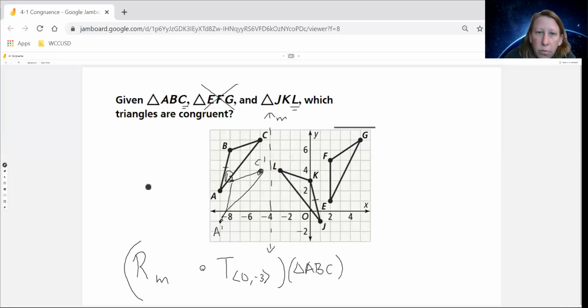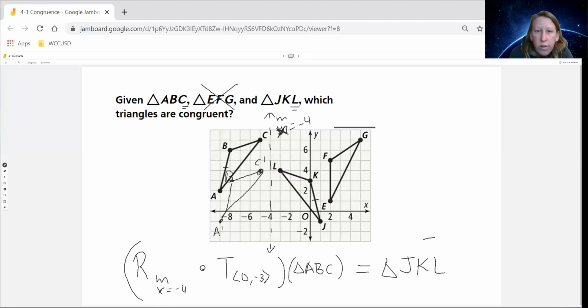For those of you who are a little more advanced, the equation of line M is x equals -4. So an alternate way to write this is to write the equation of line M. Either one would be fine. And when I do that, I get triangle JKL.